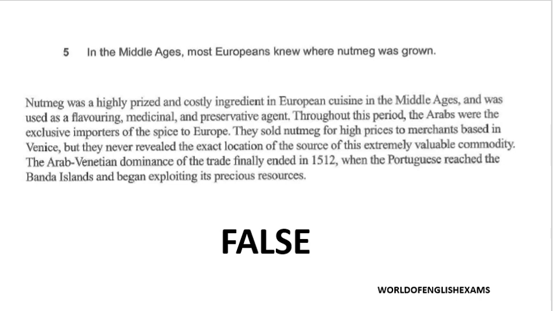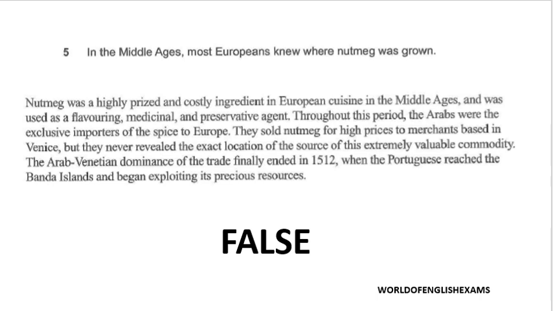So, in the Middle Ages, now this is a very important concept. Here we are not discussing other periods of time, but we are restricting ourselves to discussing the Middle Ages only. So, in the Middle Ages, most Europeans, so most means majority, not 100%.